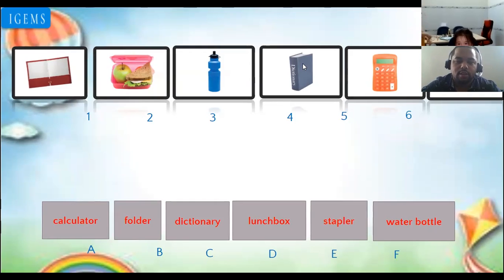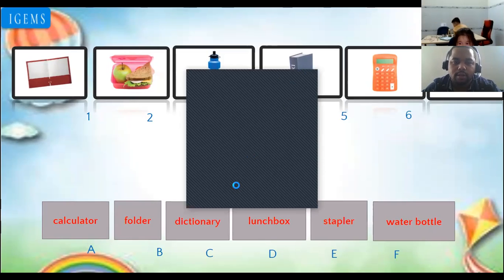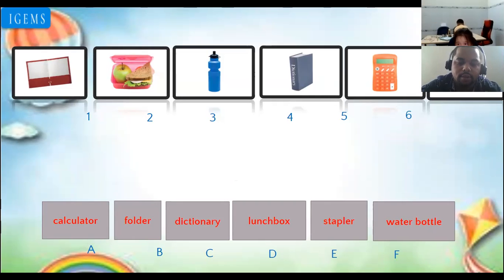Okay, the question is, so look at the activity here.